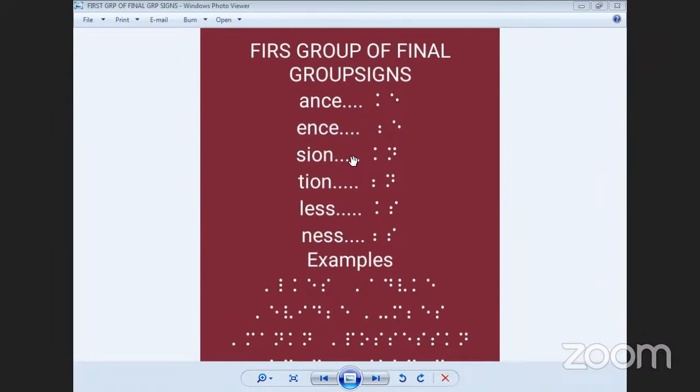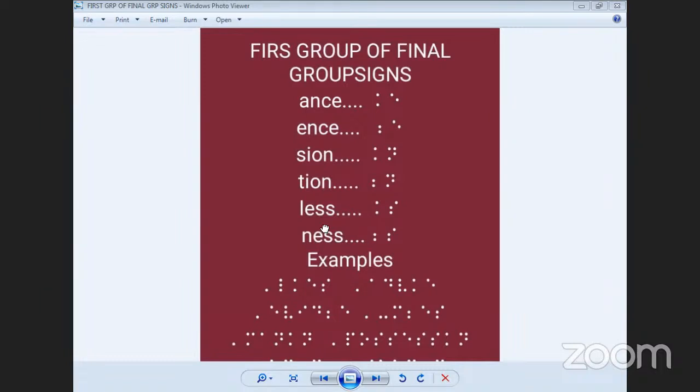The second pair is SION and TION. So SION is dot 46N, and TION is dot 56N. And then finally, in the last pair, we have less as dot 46S and ness as dot 56S.